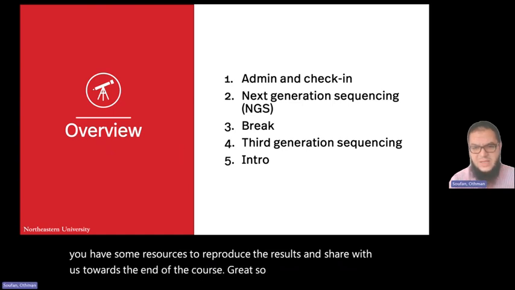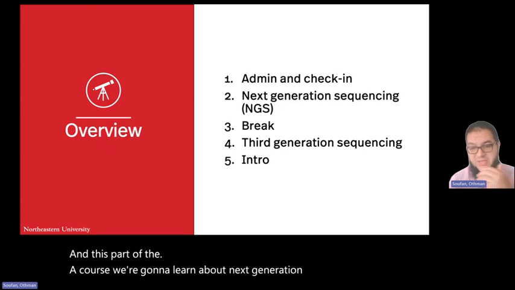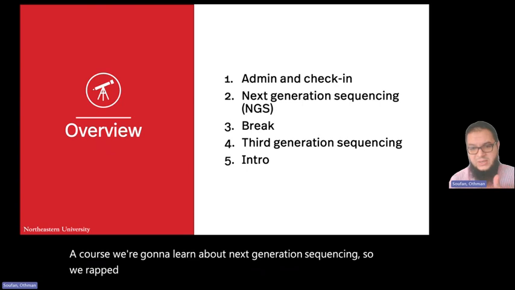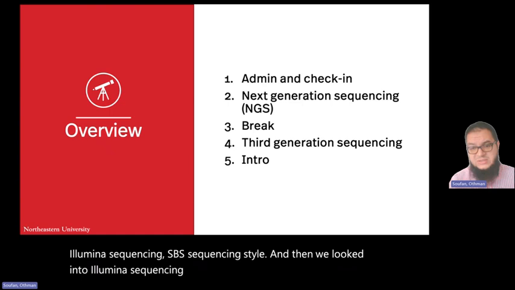So in this part of the course, we're going to learn about next generation sequencing. We wrapped last week the discussion on Illumina sequencing, SBS sequencing style.